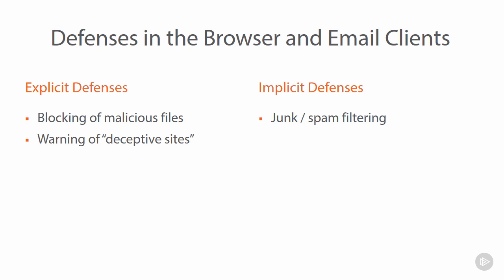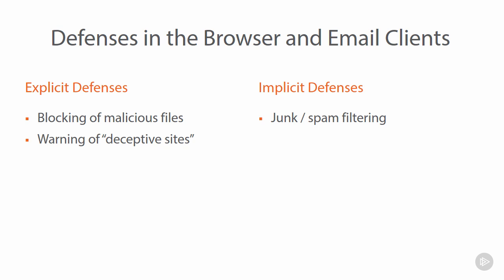As good a job as I find Microsoft does filtering spam, I do still find it picks up legitimate mail and puts it in my junk folder. So I still need to make a judgment decision on those individual emails. And the vast majority of it is junk or spam or phishing mails or things that I don't want to respond to. But it's a little bit implicit in that I've still got to make some decisions.